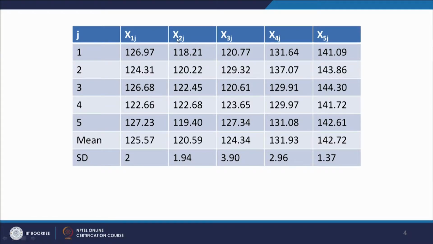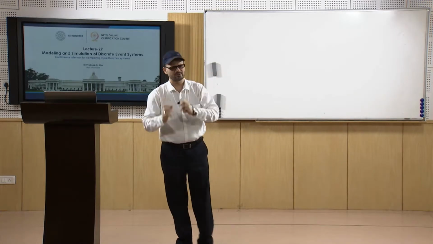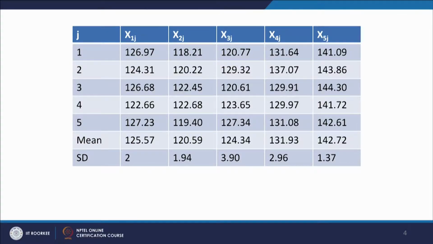So, we have to make 4 separate intervals. One will be for mu 2 minus mu 1, another for mu 3 minus mu 1, next will be mu 4 minus mu 1, and then mu 5 minus mu 1. Like that you will have the values.